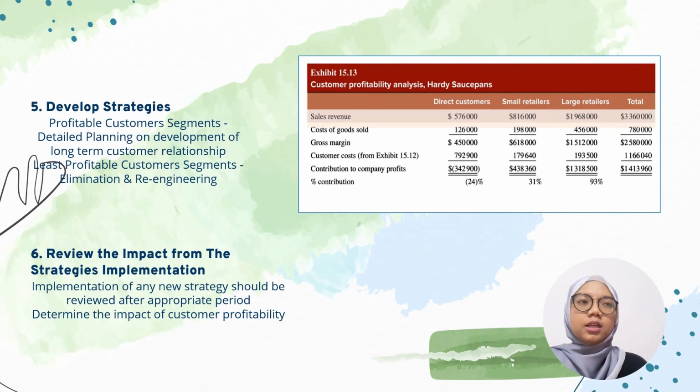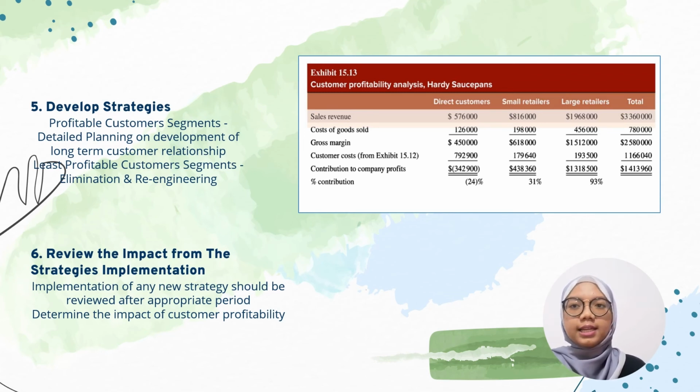Lastly, the company needs to perform a review of the impact of the strategy's implementation. So implementation of any new strategy should be reviewed after an appropriate period. It is required to see whether it gives any impact towards the profitability of the customers later on.